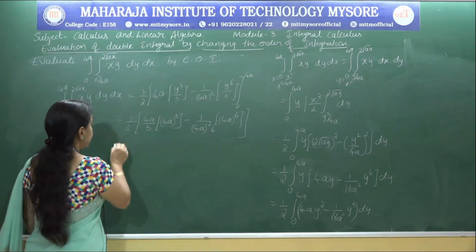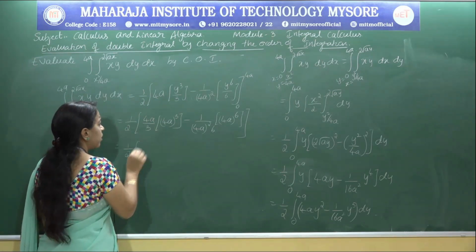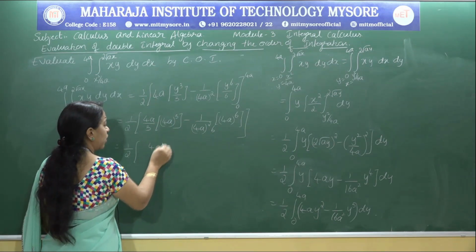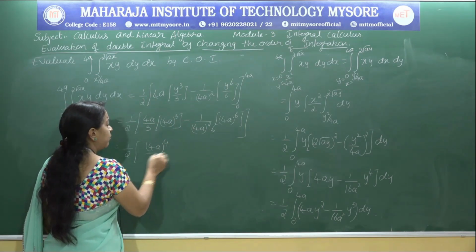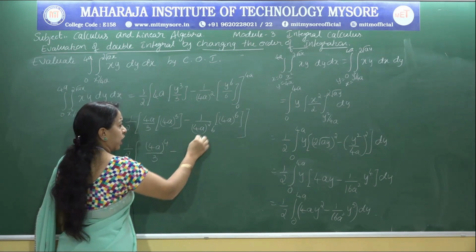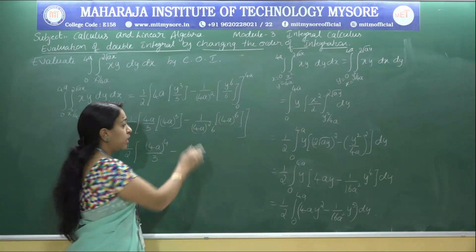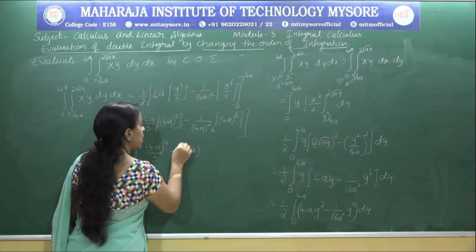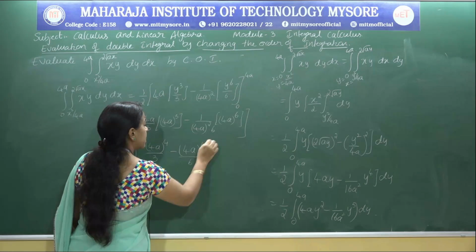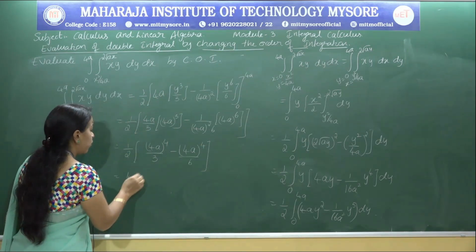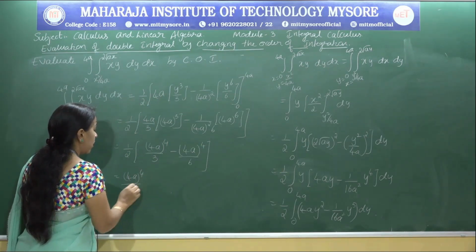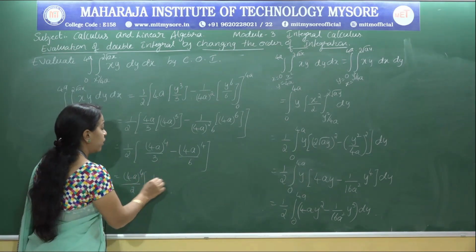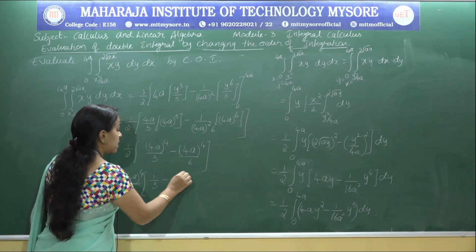Now simplify this: 1 by 2 times, 4a 1 time and 4a 3 times, we have 4a whole to the power of 4 by 3 minus 4a whole to the power of 6 divided by 4a whole square. I can cancel 2 times, so left with 4a whole power 4 by 6. So I can take out 4a whole to the power of 4 common, 1 by 2 is also common. I am left with 1 by 3 minus 1 by 6.